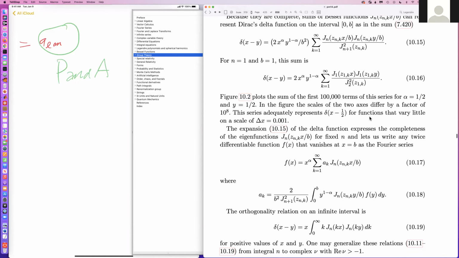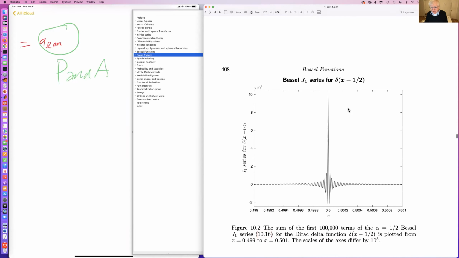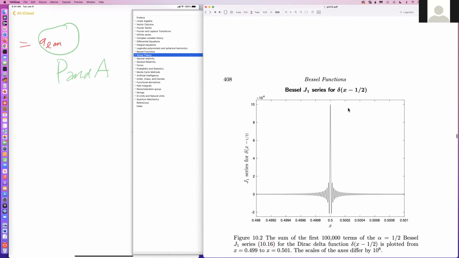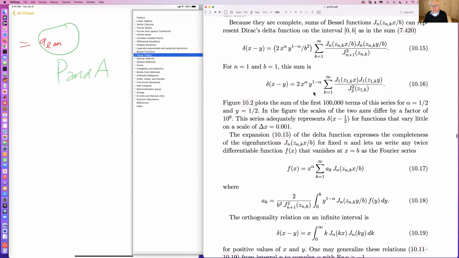And so to verify this remarkable delta function equation, which represents the completeness of the Bessel functions, I had MATLAB do a plot. And this is the sum of the first 100,000 terms where I set alpha equal to a half.